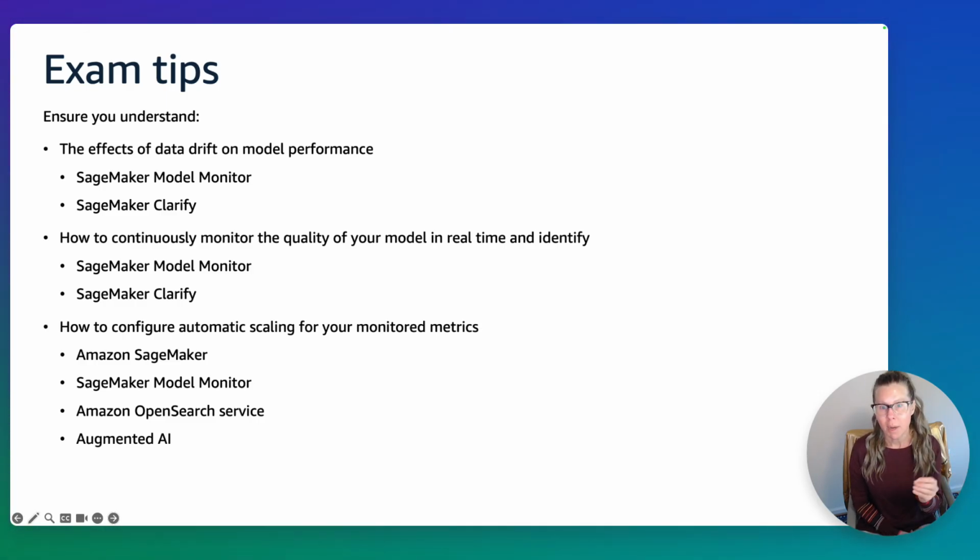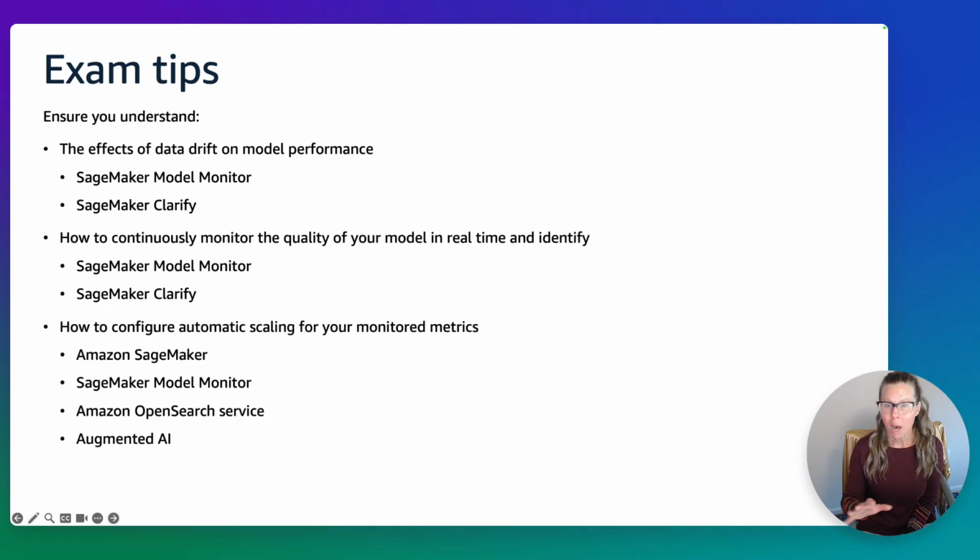You can use SageMaker Model Monitor and SageMaker Clarify to maintain high-quality machine learning models and to detect model and concept drift in real time. Model Monitor is integrated with SageMaker Clarify to help you identify potential bias in your machine learning models. With this solution, you can configure alerts, receive notifications, and take immediate action.